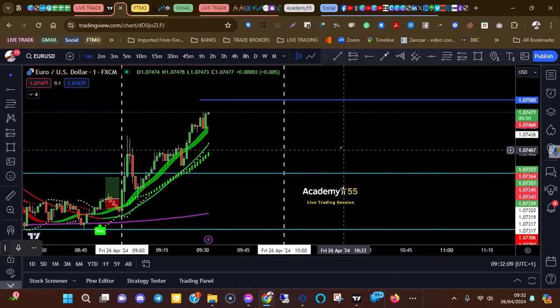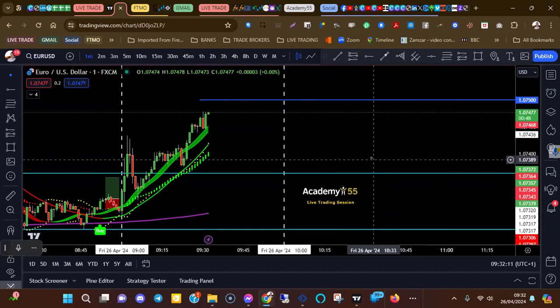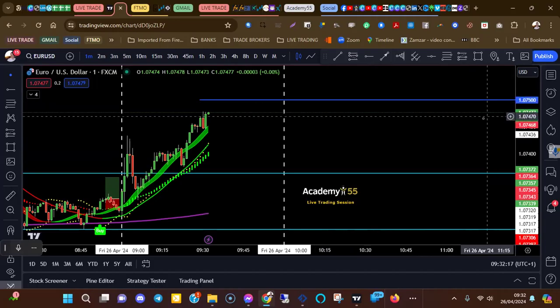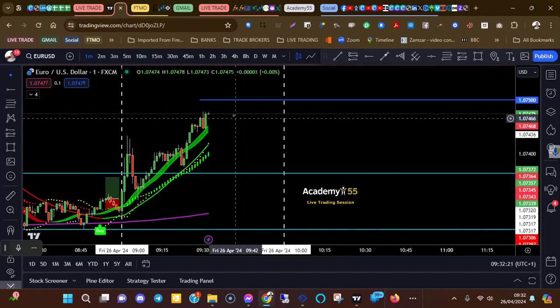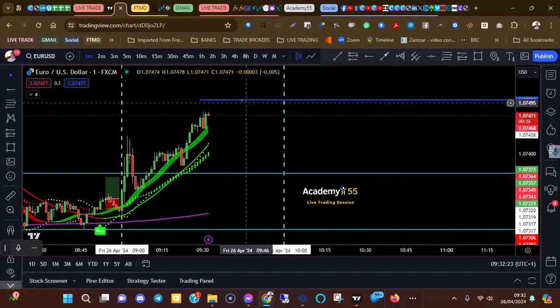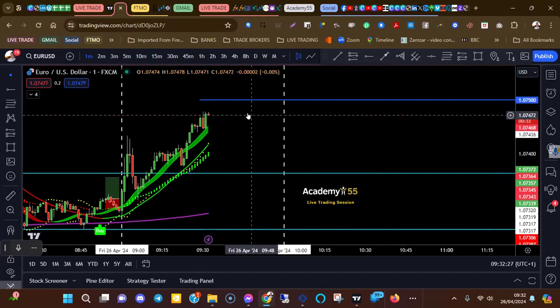But that is what we call a psychological level, where long-term traders will be looking and seeing, well, I've made enough percentage, I'll close my trade now.